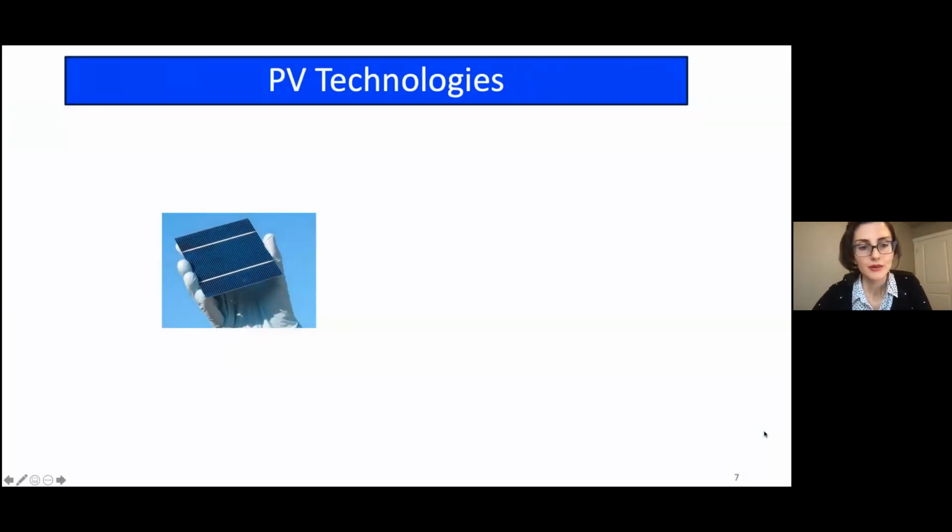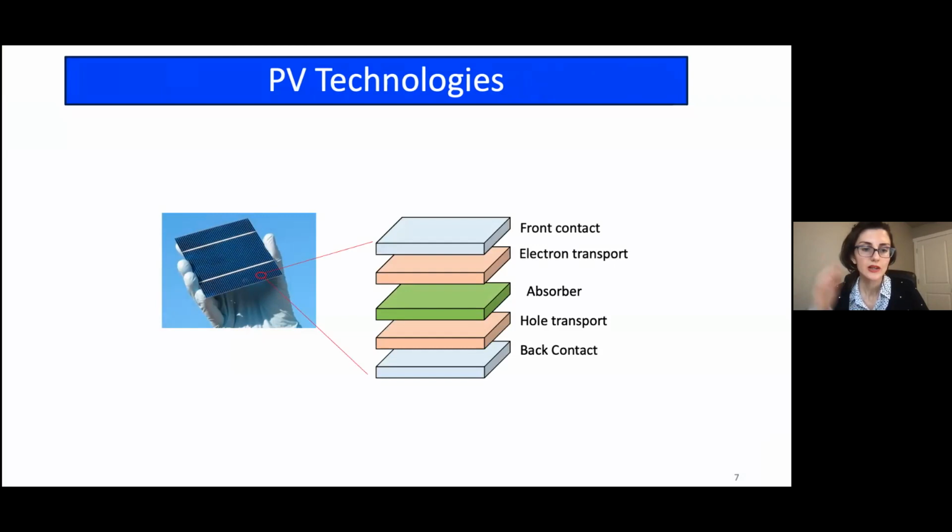So I wanted to continue giving a little more background information about solar technology. Here we see the same PV cell again. Now let's look into the cross-section view of this cell. The cross-sectional thickness of the solar material is about 1 millimeter.